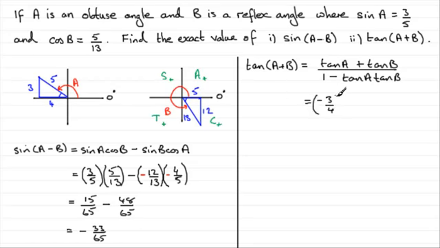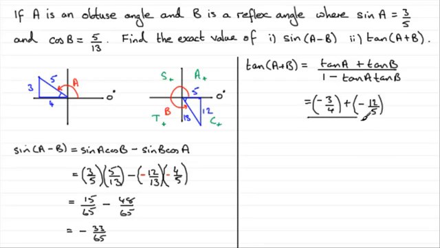Let's just put that in brackets, and then we've got the plus, and now we need the tangent of B. Tan of B, use this triangle, opposite over adjacent, 12 over 5, but tan is negative in this quadrant, so it's going to be minus 12/5.